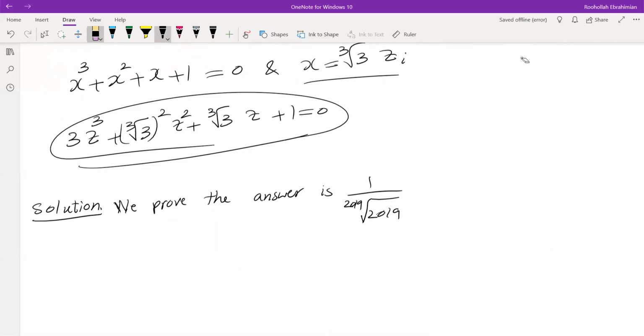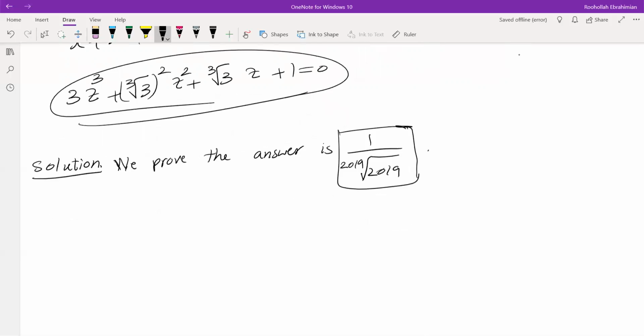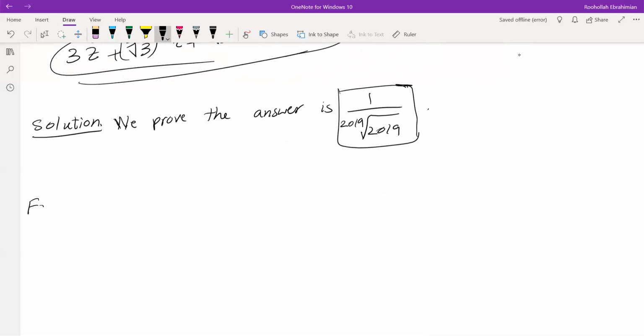So just for simplicity, because I don't want to keep writing down 2019, I'm going to set n to be 2019 so I don't have to repeat that. So for simplicity, let n be the 2019th root of 2019.